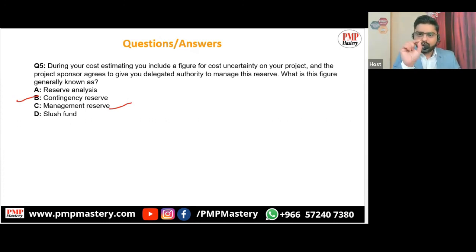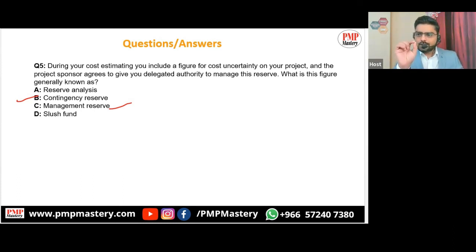And that is what you have to read in the question, in the second line, it is written the project sponsor agrees to give you delegated authority. Okay, the contingency reserve is something on which the project manager has control and can use without taking any approval from the higher management. So here, it gives you delegated authority to manage this reserve, and that is why you are going to choose contingency reserve.